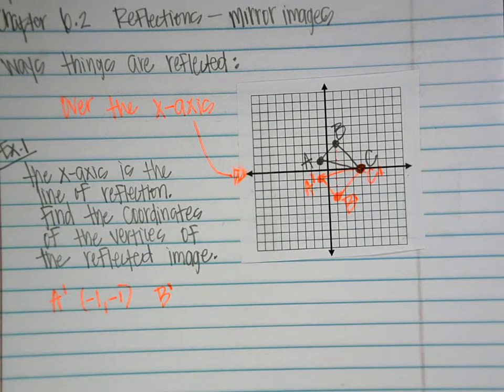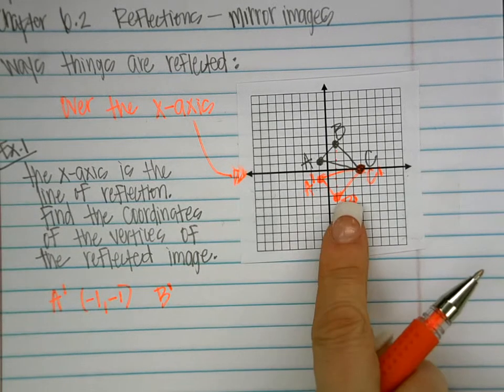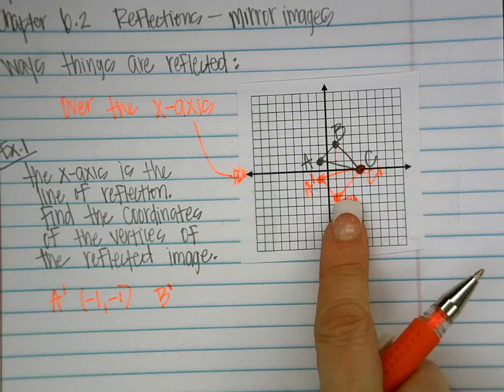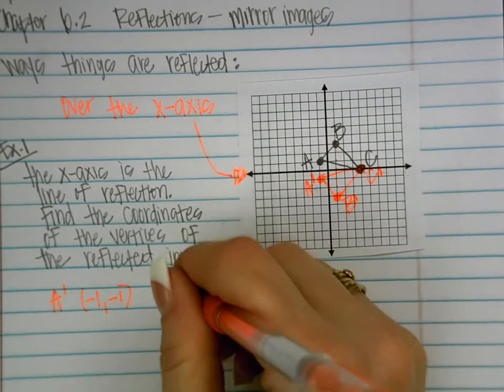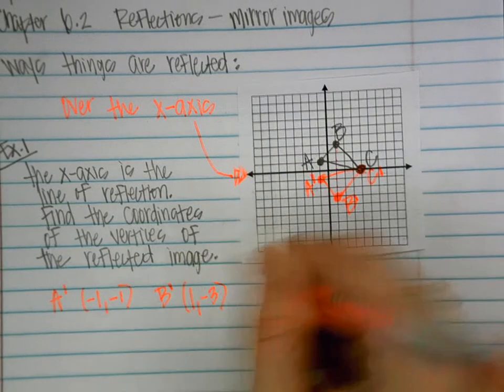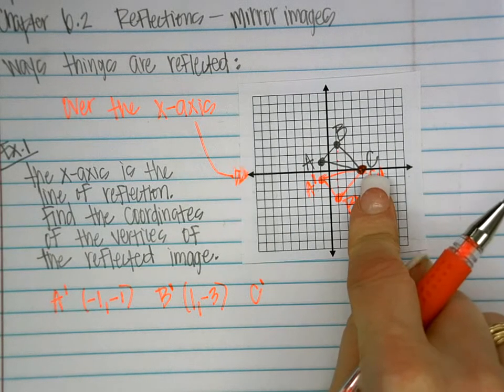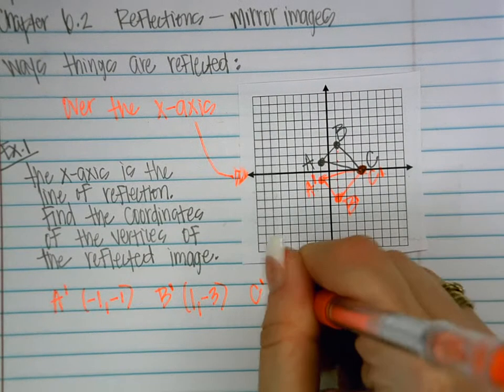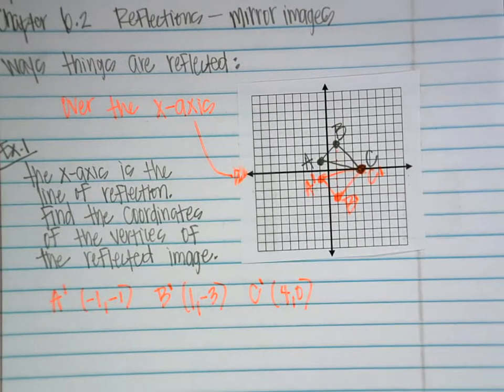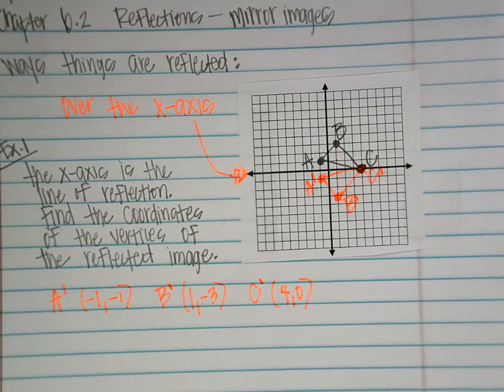What coordinate is this? Over 1, down 3. So 1, -3. And what's your C prime value? Over 4, 0. Okay, that is called a reflected image.